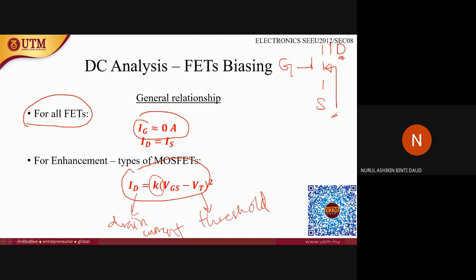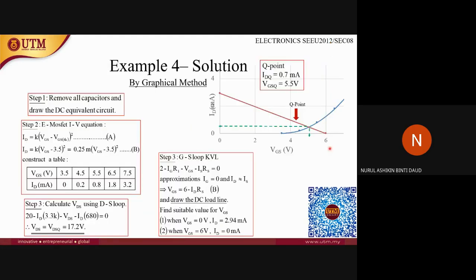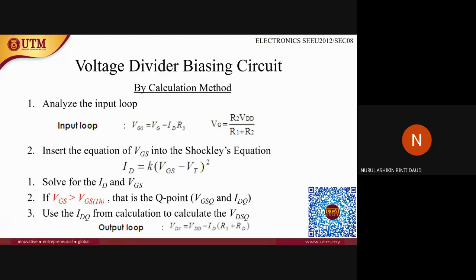Okay, so now, here. All right. For us to find the VDSQ, using this equation from just now, in order to find VDSQ, we need to use the value of drain current at the Q point as well.